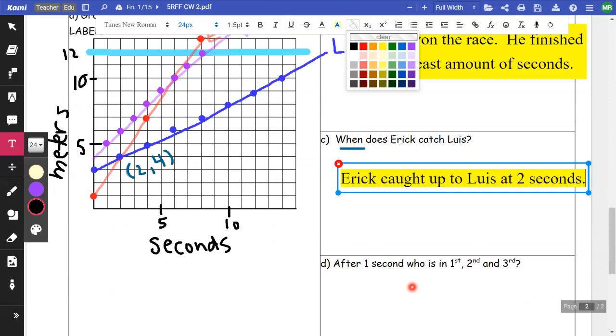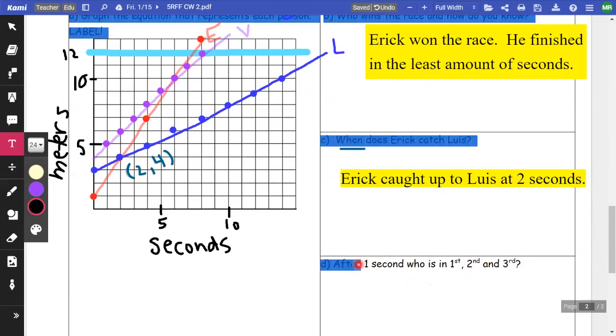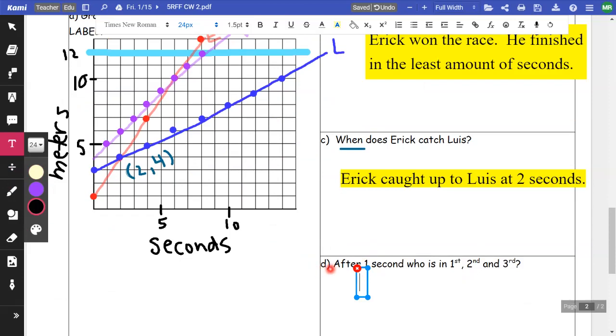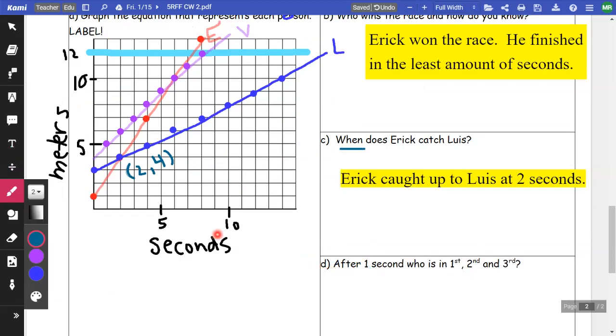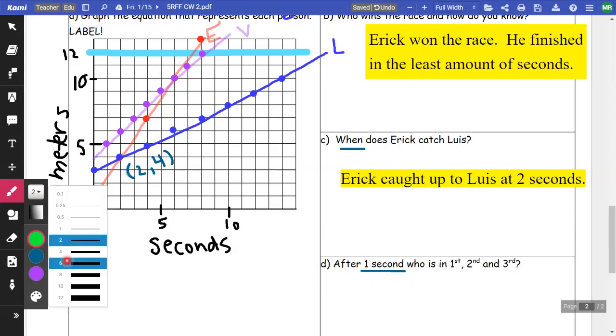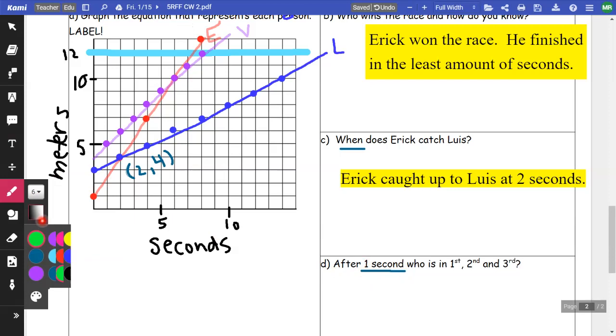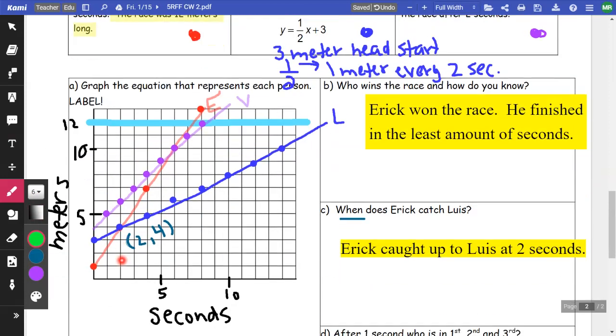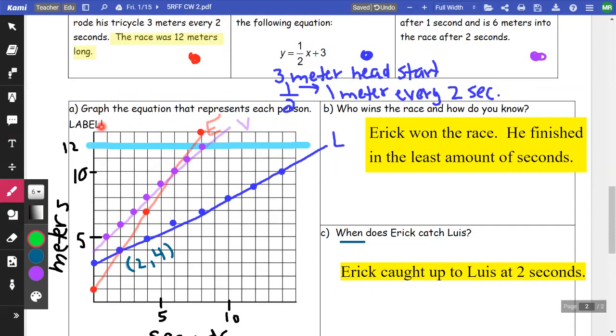After 1 second, who is in first, second, and third? So this is the key here. Hold on, let me get my pen again. So the key is after 1 second. So what I'm going to do is I'm going to, let's say I use green, and I am going to draw in a line at 1 second.